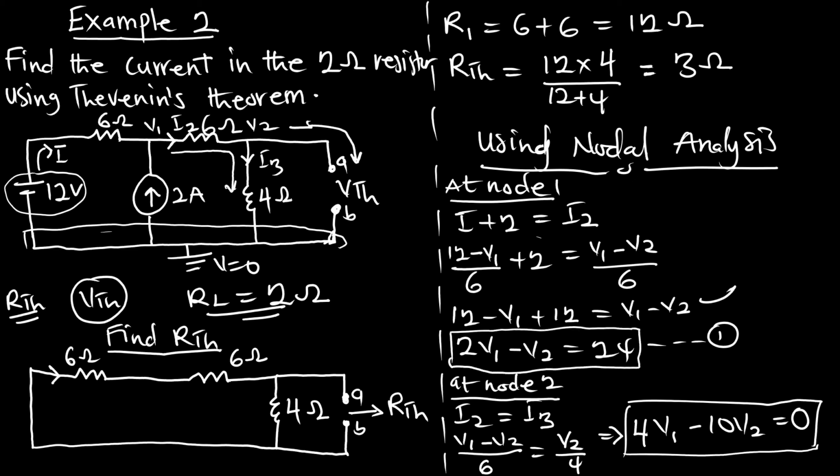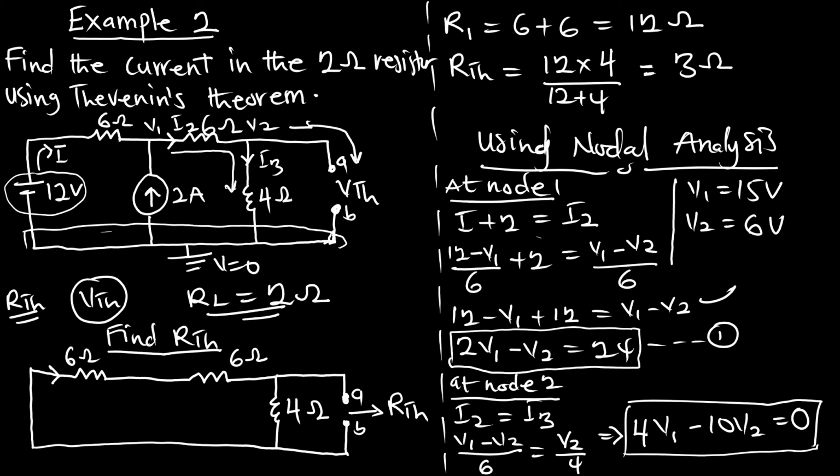Now solving equation 2 and equation 1 simultaneously, you are going to get your values. The value for V1 is going to be 15 volts, and for V2 it is going to be 6 volts. So now let's look at something.